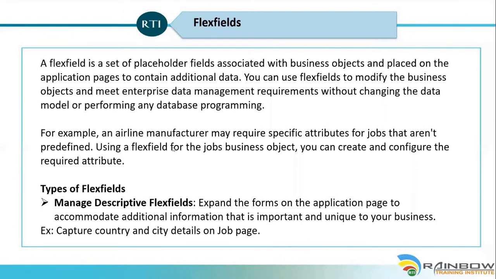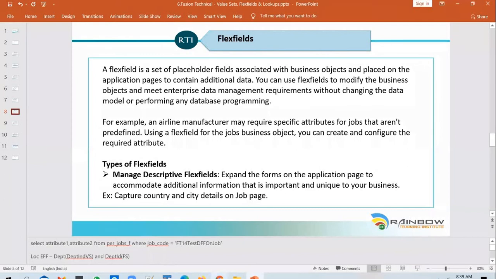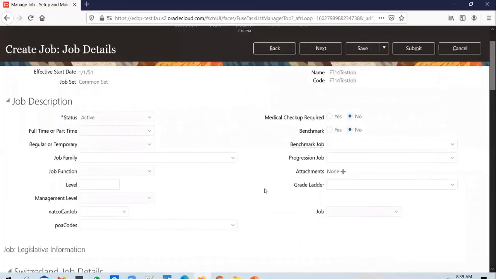Say, for example, if it's an airline manufacturer, they might want to store some additional attributes related to their industry on any of the pages, right? So, on this job page, the client wants us to enable a DFF so that he can select a country and a city in which this job is valid.